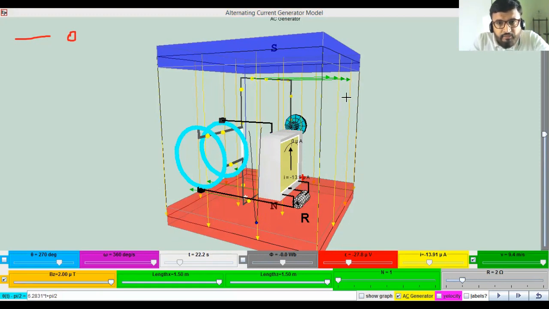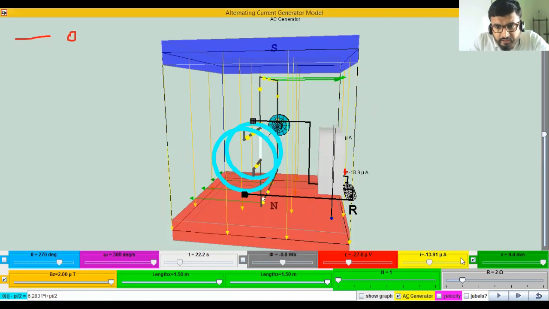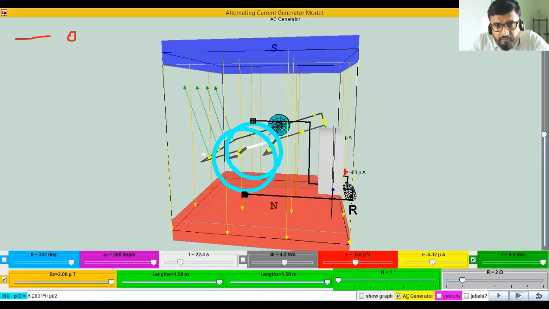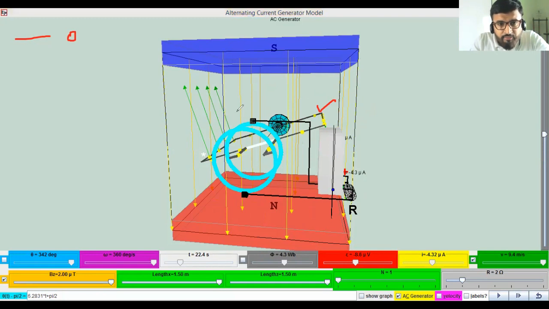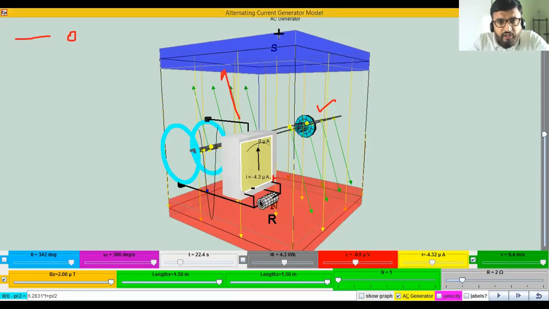But as soon as this increases again, the coil, this phase was facing upward initially, and now the direction of the velocity is downward, so the direction of current will get reversed, and this positive terminal becomes the negative terminal. Why?